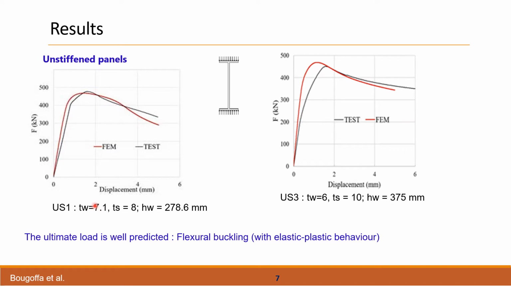And we can see that the finite element model represents well the behavior, except the initial stiffness, which is complicated to evaluate as it depends on the boundary conditions of tests and those of the finite element model. The observed failure mode is buckling, flexural buckling with elastic plastic behavior.